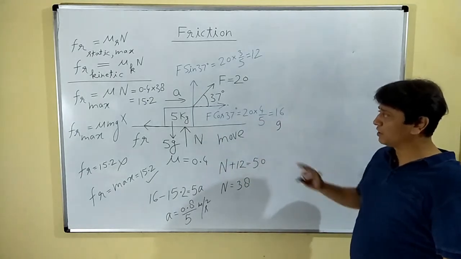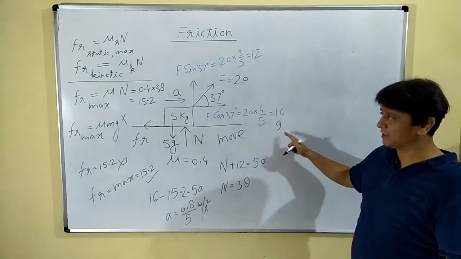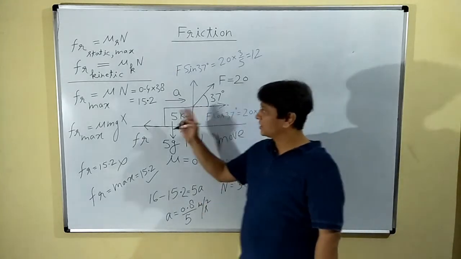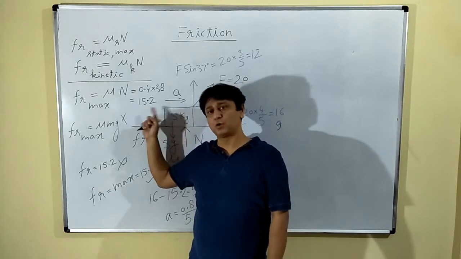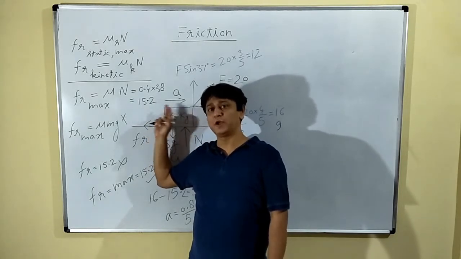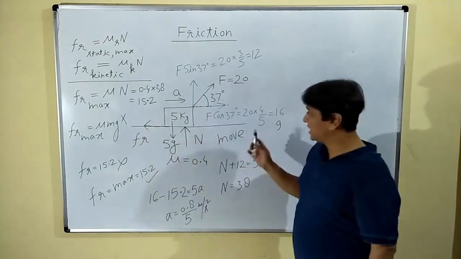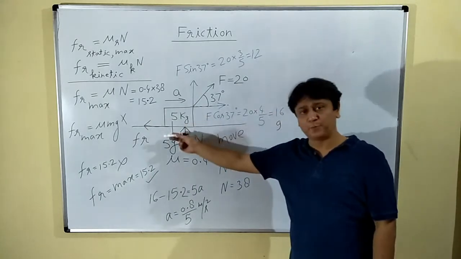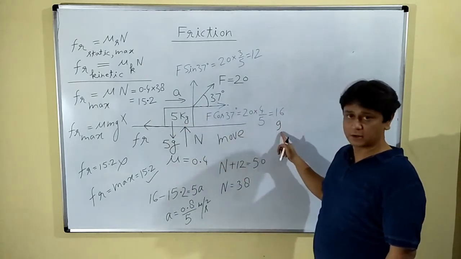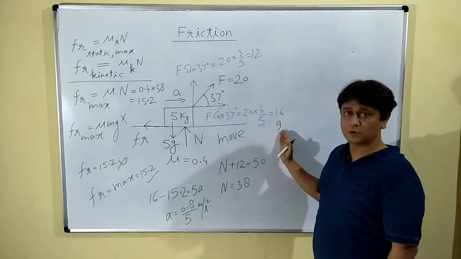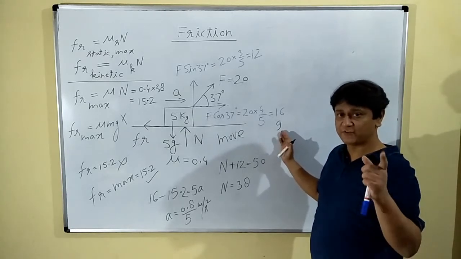If horizontal component of force is 9 instead of 16, तो हम क्या बोलते? कितना मैक्सिमम फ्रिक्शन है इस बॉडी को रोकने के लिए? 15.2. इसको खींचने के लिए कितना फोर्स है? What is the pulling force on the body? 9.